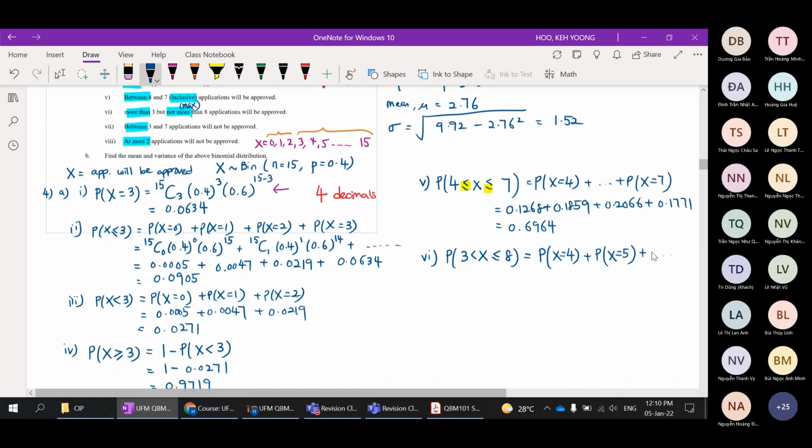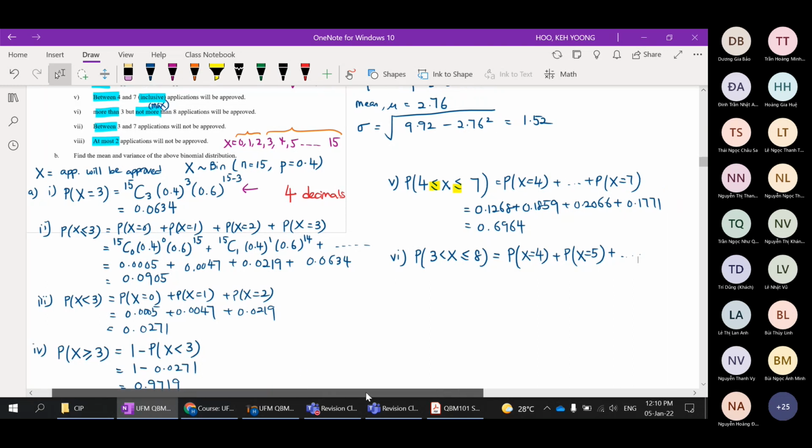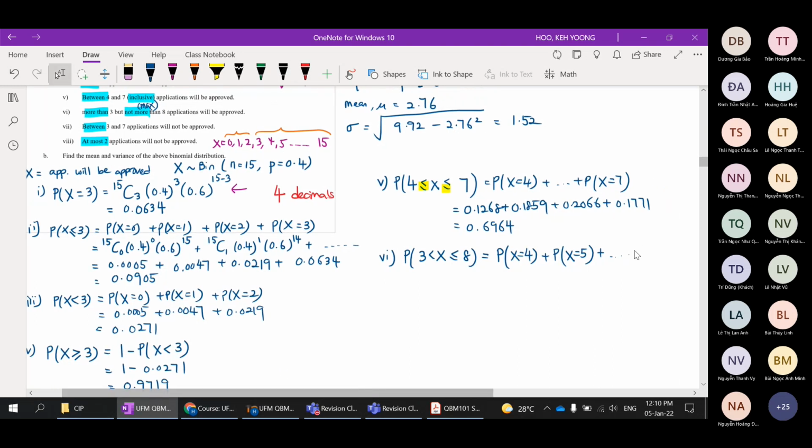Okay, add up until 8: 4, 5, 6, 7, and 8. So you have to add up these 5 probabilities.